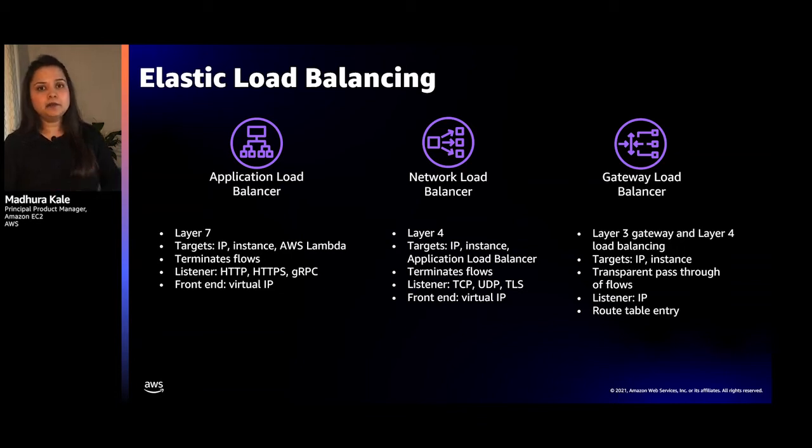Additionally, application load balancer also supports Lambda function as targets, whereas the network load balancer recently supports an application load balancer as a target. The other things I'm not going to read through. The last thing I'll leave you with is, while ALB and NLB terminate flows, the gateway load balancer is a transparent pass-through.